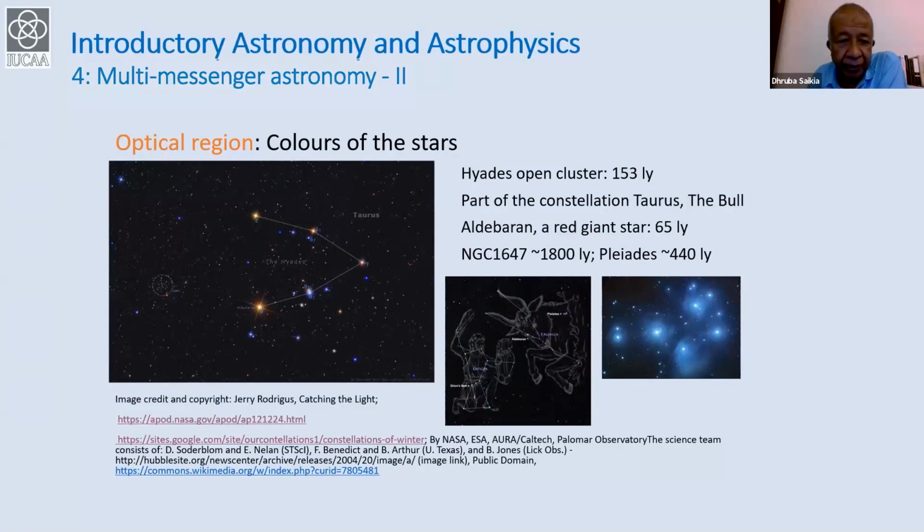They could be at very different distances, but they made interesting patterns which enabled particularly ancient civilizations to easily identify them and also build myths and legends around them. So there were interesting patterns which they wove stories around.